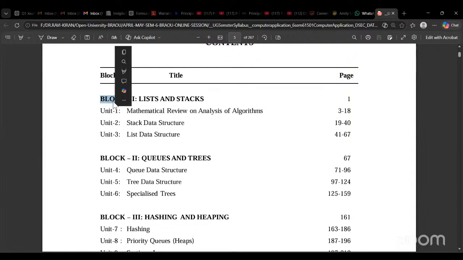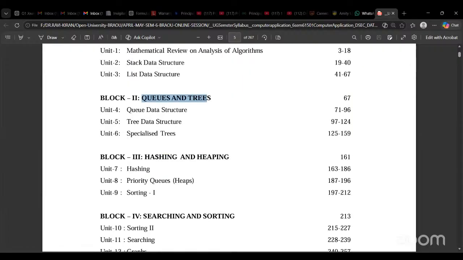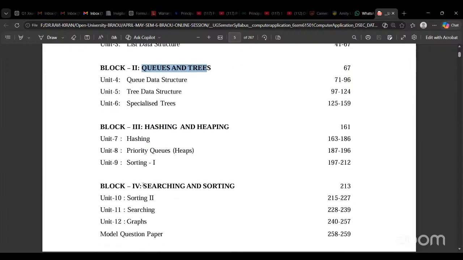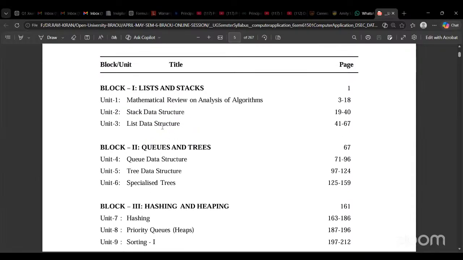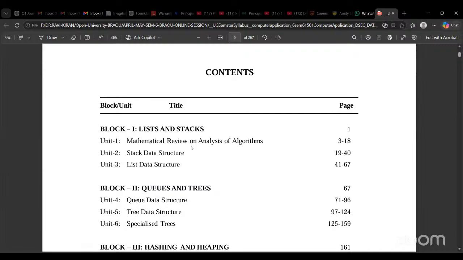In block one, we'll understand lists and stacks. In block two, we understand queues and trees. In block three, we understand hashing and heaping. And in block four, we'll understand searching and sorting. So these are the topics we'll understand as part of this course.